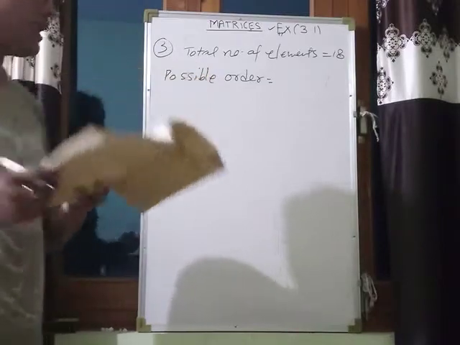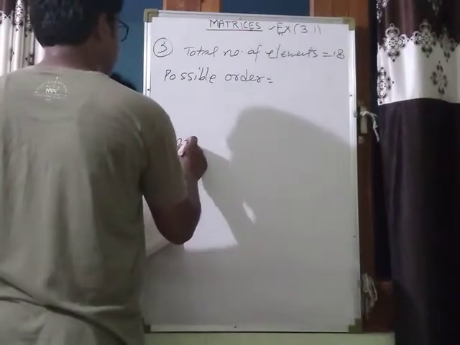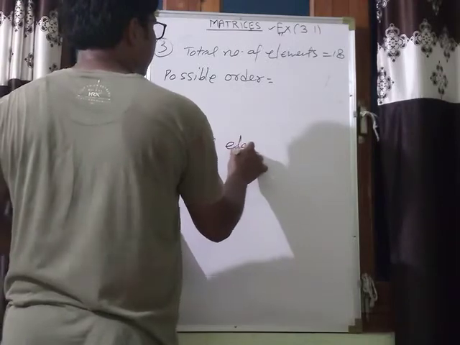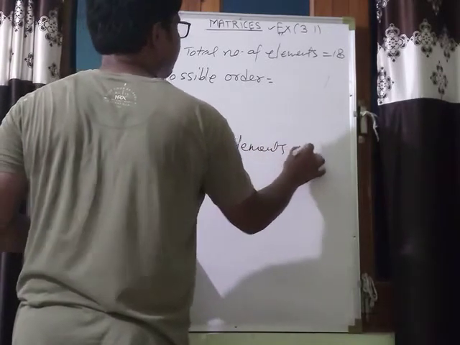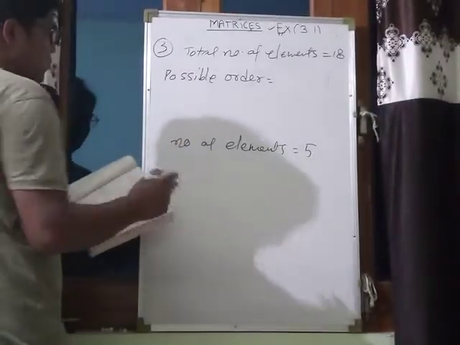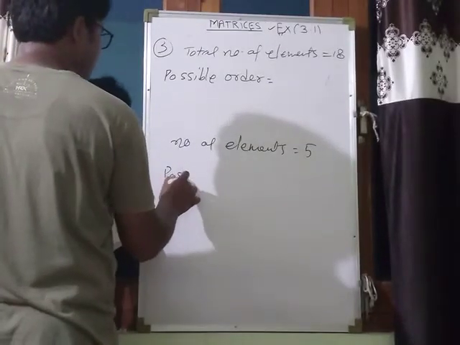What if it has 5 elements? If the number of elements is 5, then what will be the possible order? The question is this.